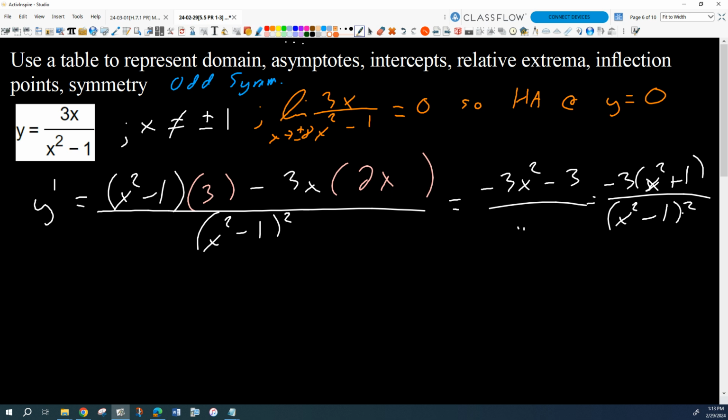Well, yeah, then we could have inflection points. So we gotta go again. Okay, so we want to pick up the second derivative. Let me write the denominator.